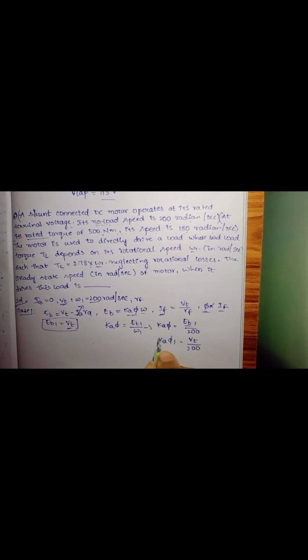So we take this outside: Ka phi is equal to Eb1 by omega 1, which is Vt by 200. Take it as equation 1.